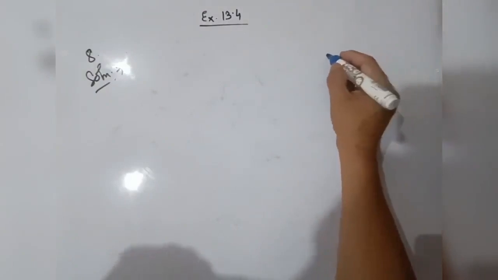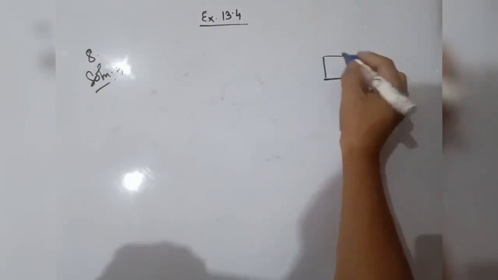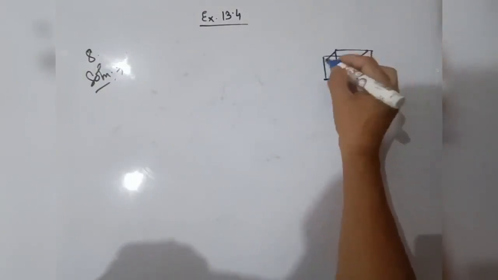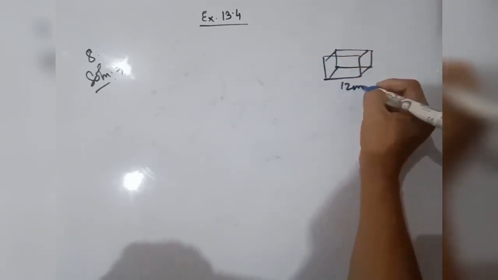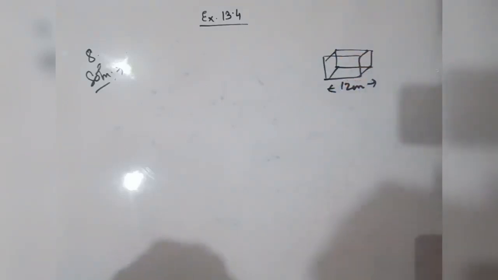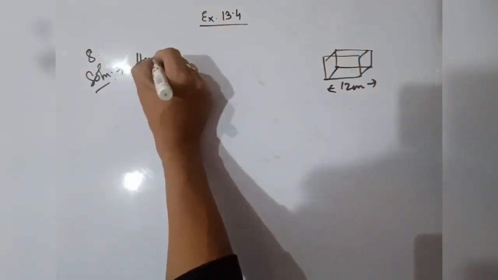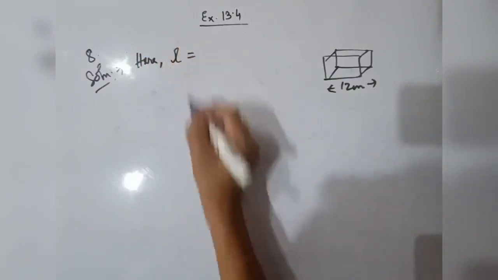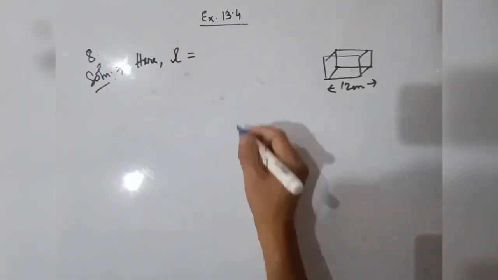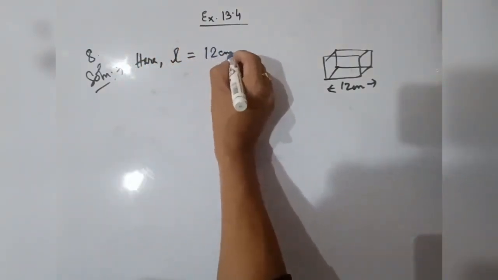So in the question it is mentioned that a bigger cube of side 12 centimeter is cut into 8 smaller cubes, and we are to find the length of the side of the smaller cube. So here let L be the length of a side of the bigger cube, which is equal to 12 centimeter.